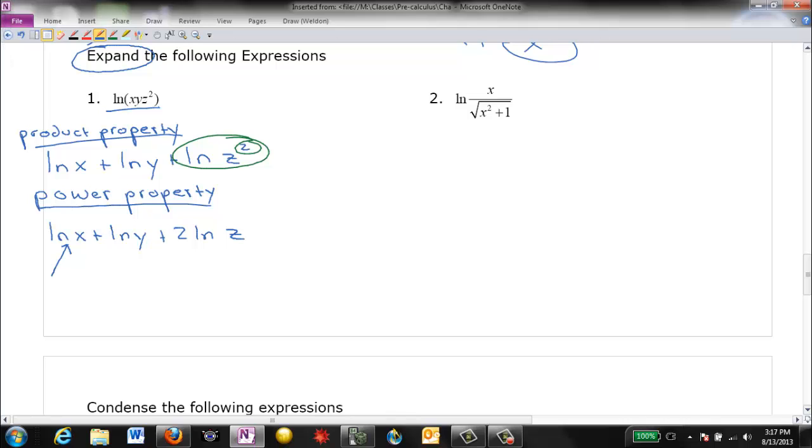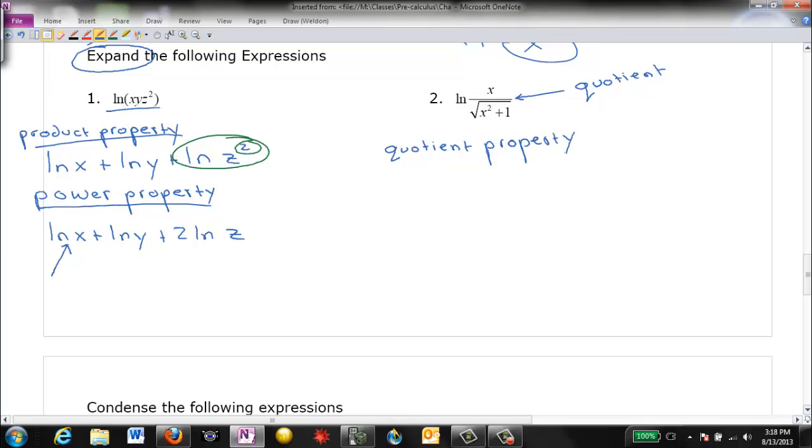All right, so let's take a look at one more example over here in number 2. If I look at this one, the first thing that I notice is this fraction bar that's yelling quotient. This is a quotient, and that means that we're probably going to use the quotient property to expand this guy. So let's go ahead and apply the quotient property to this logarithm.